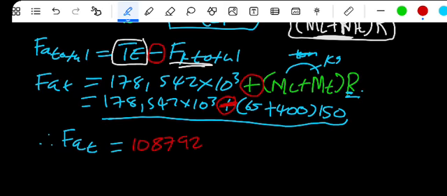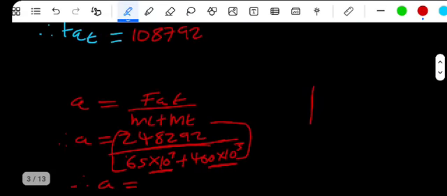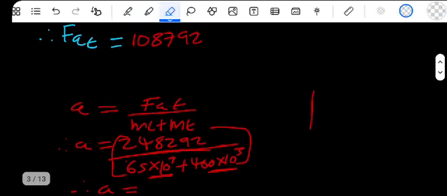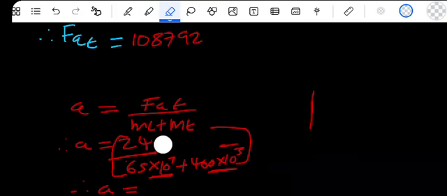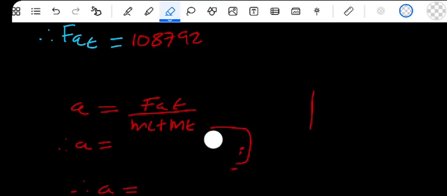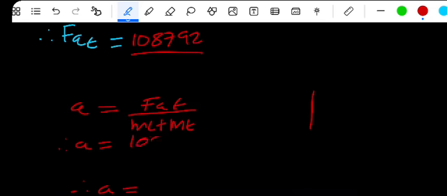Then let me scroll down a little bit. I'll just replace here, erase here. F now will be this one, 108792.